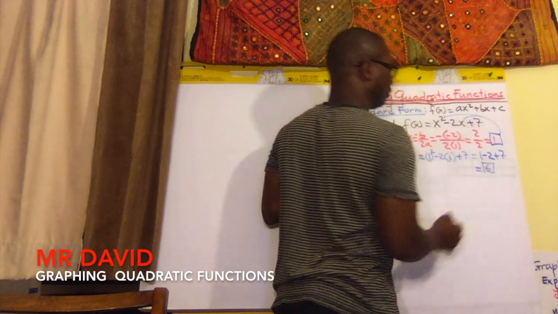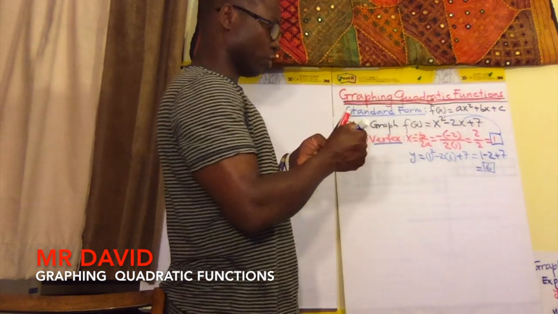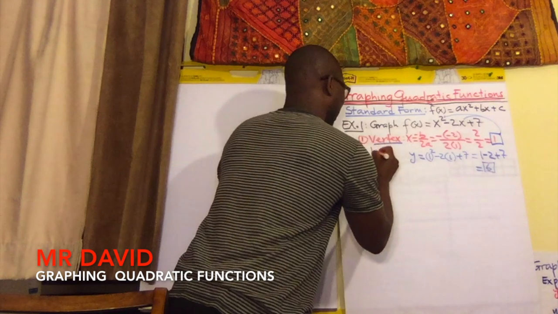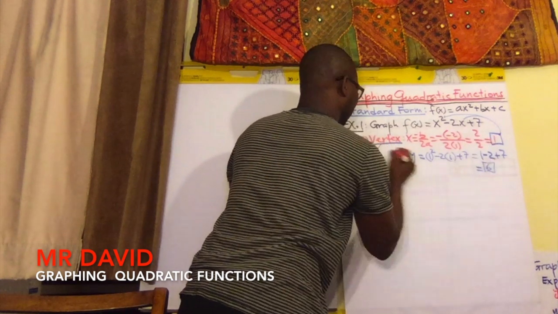I'm going to box it up. That's the y value of the vertex. So our vertex is (1, 6).